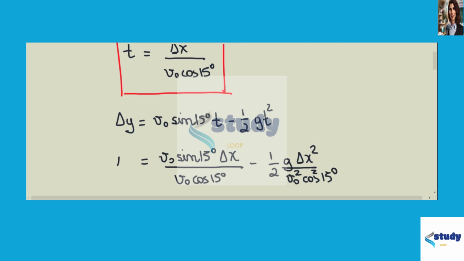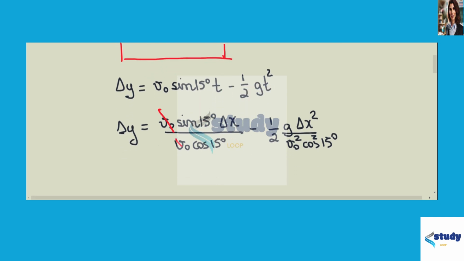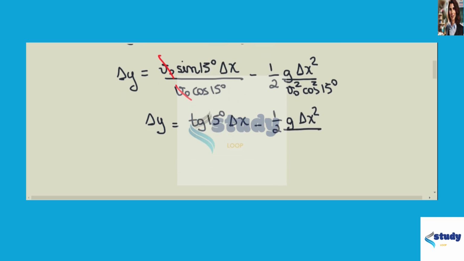And my goal here is to isolate v0, that's what we want to find, but first I'm going to simplify things. So delta y is tangent of 15 degrees delta x minus 1/2 of g delta x squared over v0 squared cosine squared of 15 degrees.